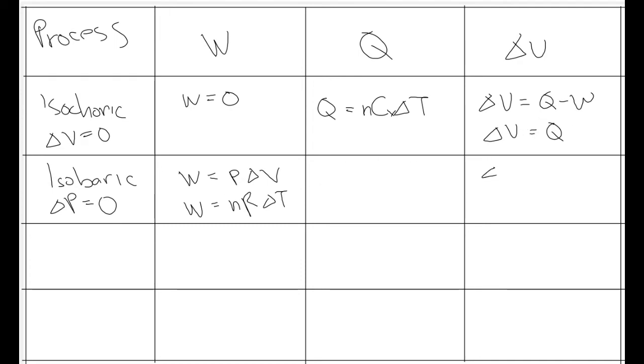So delta U is equals to N CV delta T. Okay, so delta U is equals to Q. So Q is equals to N CV delta T, which means delta U is equals to N CV delta T. Okay, so Q, since it is constant pressure, instead of using CV, we will be using Q is equals to N, specific heat in constant pressure, delta T.